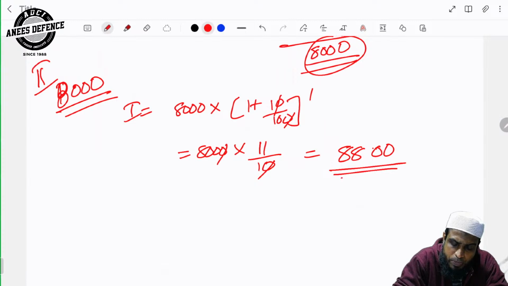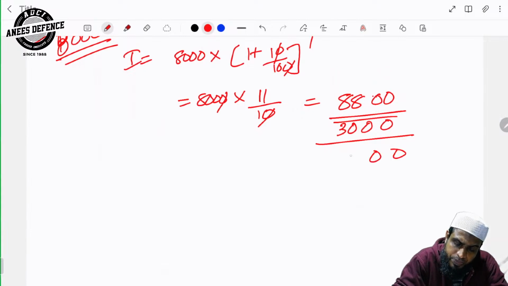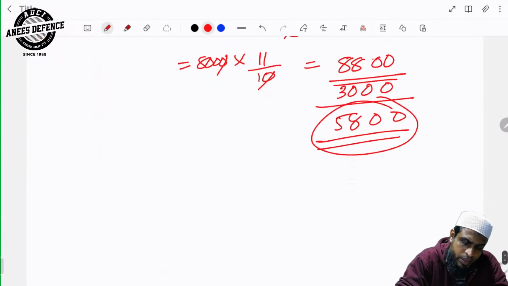Here also if he pays 3,000 in the second year, then we can consider 5,800.